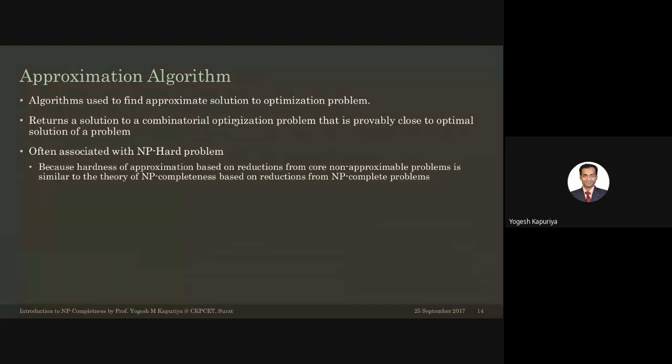It is an algorithm used to find approximate solutions to optimization problems. These problems can be P, NP hard, or NP complete as well. It's a generic algorithm. It returns a solution to a combinatorial optimization problem that is probably close to the optimal solution, but it is not always guaranteed that you will have an optimal solution. It is often associated with NP hard problems.